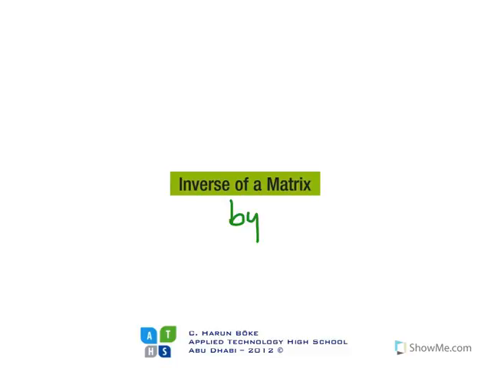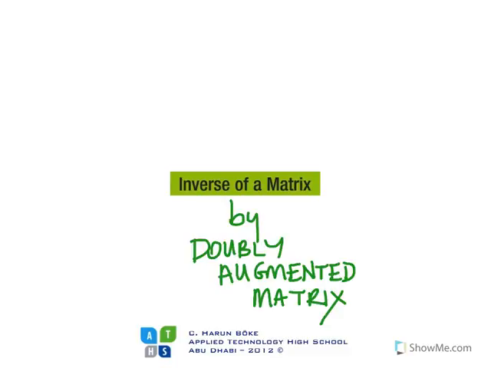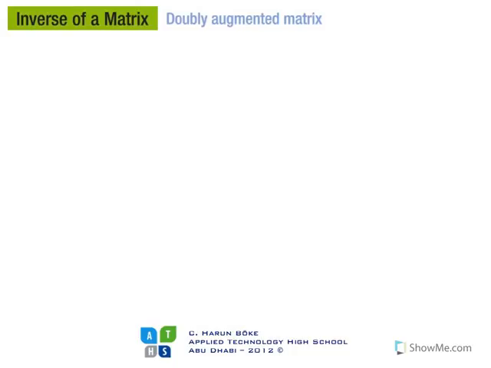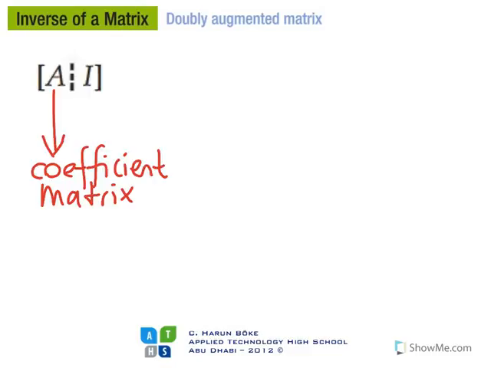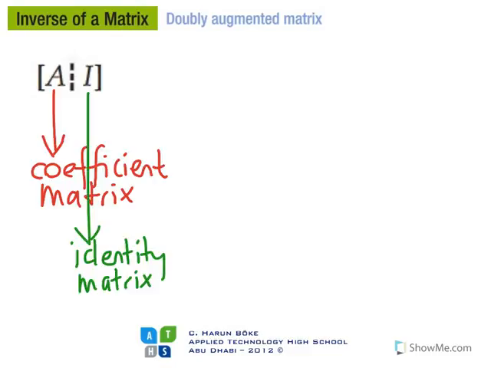In this video, we are going to see how to form and use a doubly augmented matrix to find the inverse of a matrix. Actually, the idea is pretty simple. We will have an augmented matrix of the form [A | I], meaning A being the coefficient matrix and I being the identity matrix.